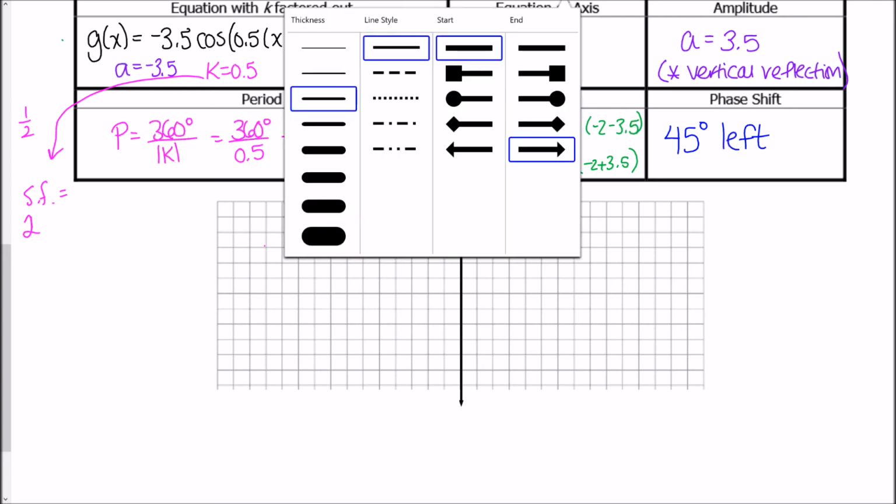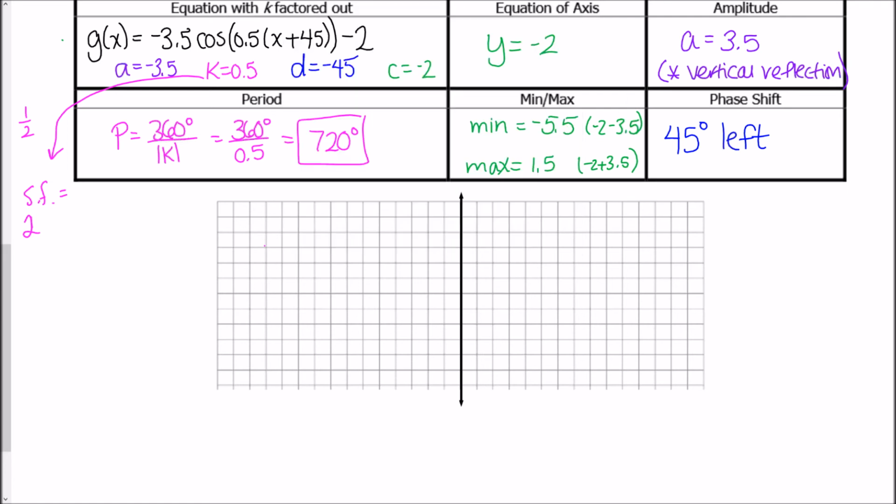In the future, if you choose to do all positive or all negative cycles, as long as it doesn't specify how they want you to do the cycles, it's totally fine. Now, because our minimum is negative 5.5 and our max is 1.5, we have more negative values, so I'm going to draw my x-axis a little bit higher, okay? And so I'm going to label right here, this is my x-axis, and this is my y-axis.